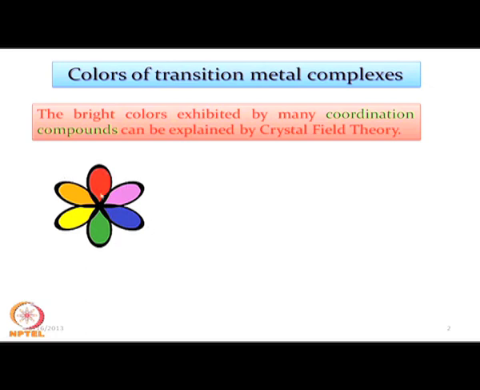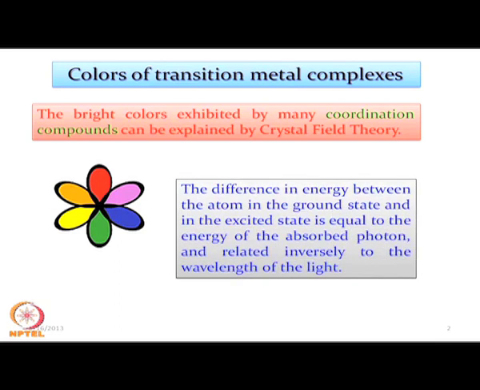If we consider it as a 6-leaf flower, then immediately we can have some ranges for the color absorption for a particular wavelength range, and what we will be seeing is the complementary color due to the absorption related to the crystal field splitting energy.